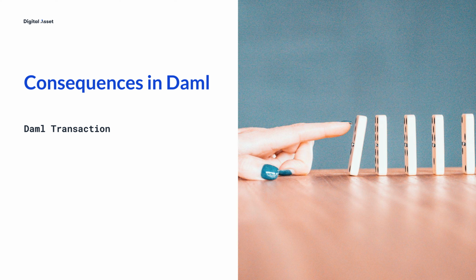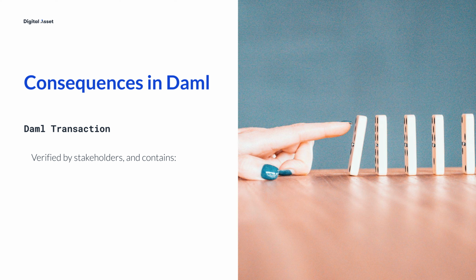In DAML, exercising a choice on an active contract results in a transaction on the distributed ledger. The process of successfully writing the transaction to the ledger involves providing a guarantee that every stakeholder to the transaction has complied with the rules, has had a chance to verify this for themselves, and has agreed that the rules were followed.